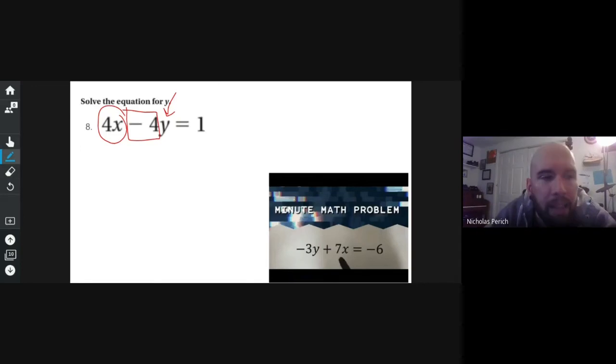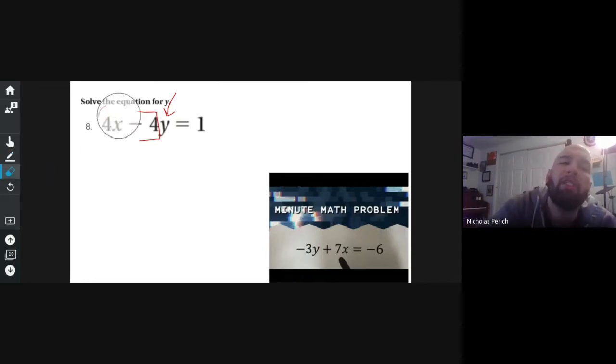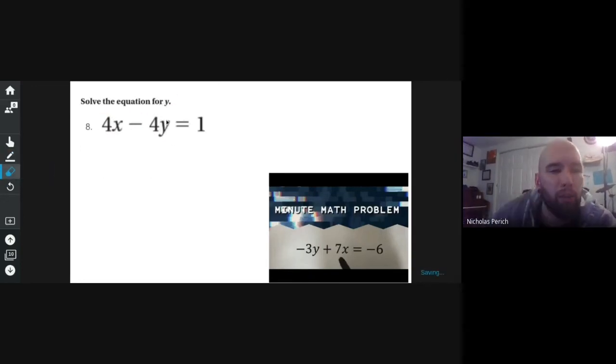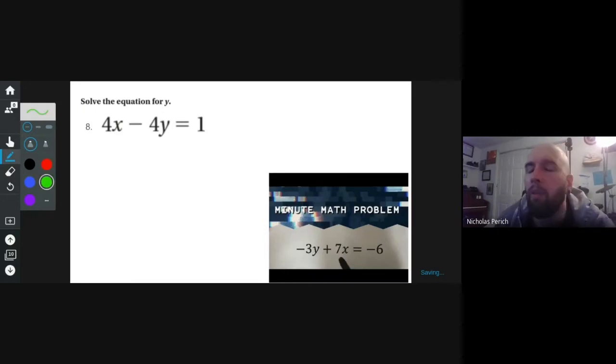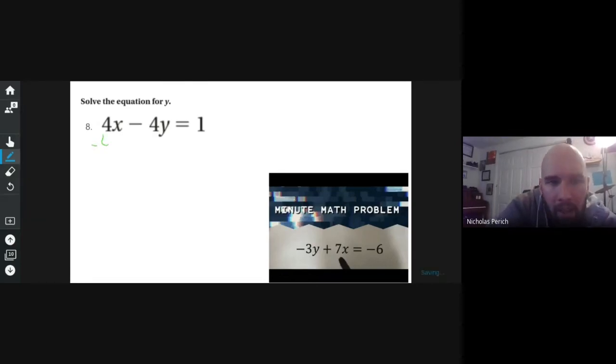The thing that's not attached to y, get rid of it first. The thing that's not attached to y is 4x. Get rid of that first. How do I remove a 4x? The opposite of 4x, and the opposite means negative or minus, so the opposite of 4x is -4x, and I'm going to put that on both sides.